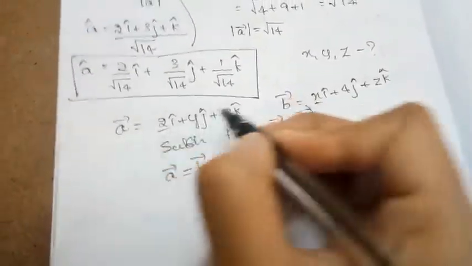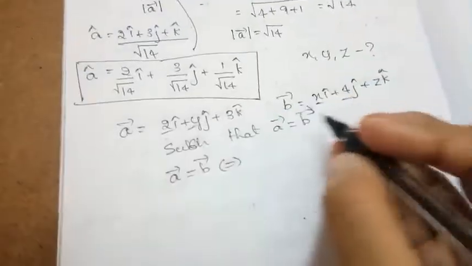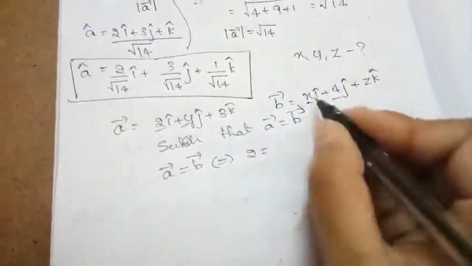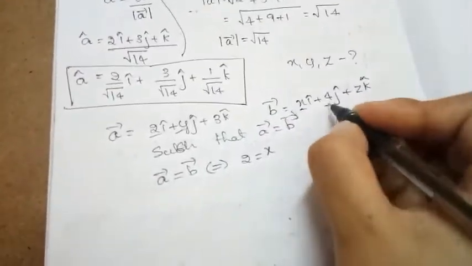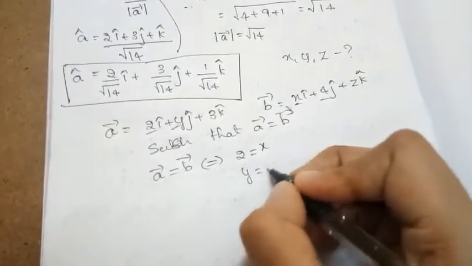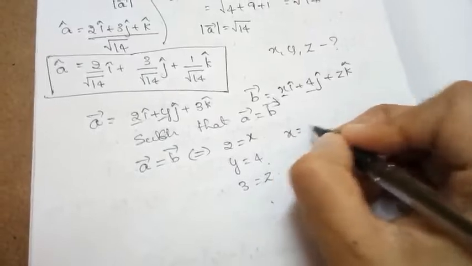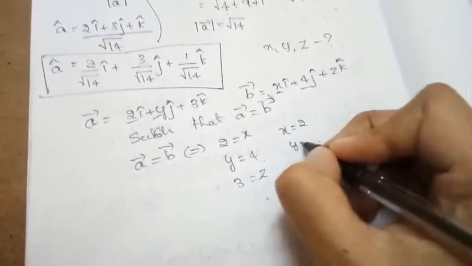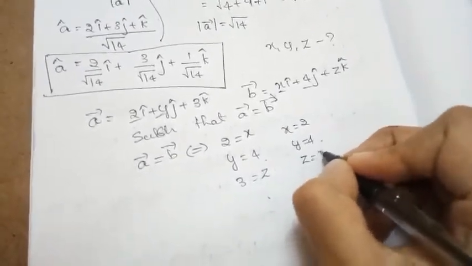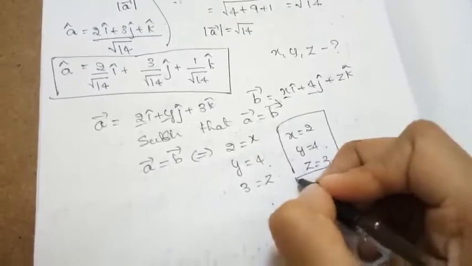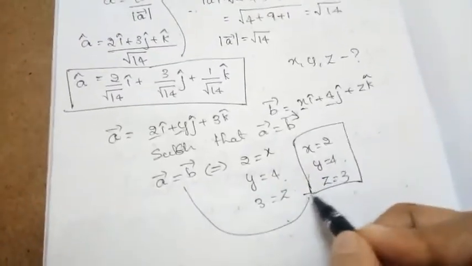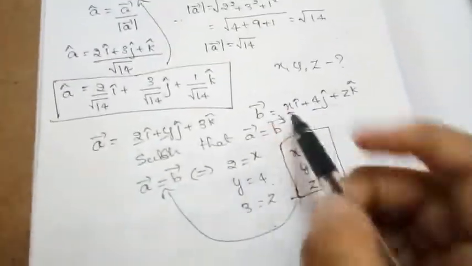Corresponding elements of vector A and vector B are equal. So 2 is equal to x, y is equal to 4, and 3 is equal to z. So the value of x is 2, y is 4 and z is 3. This is how we use the equality of two vectors to get the values of x, y and z.